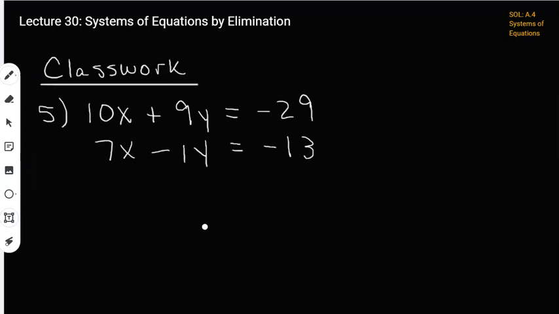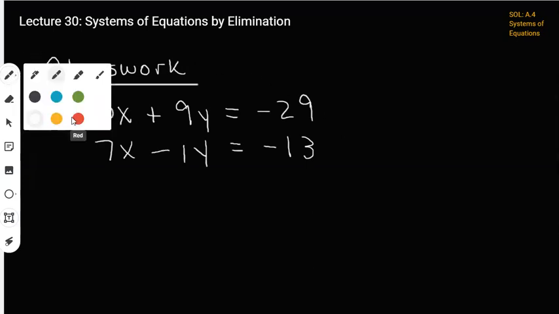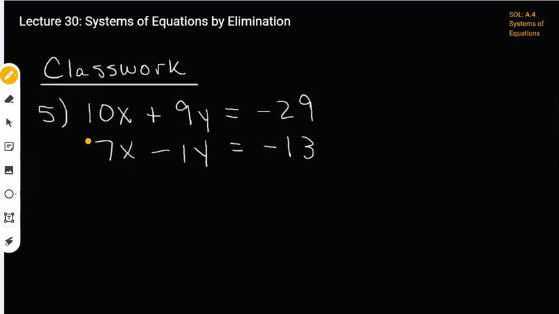So I'm going to multiply the bottom line by 9. I'm going to put the entire bottom row inside parentheses and multiply it by 9. What that's going to do is multiply every single number by 9.